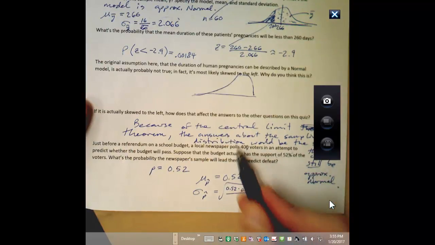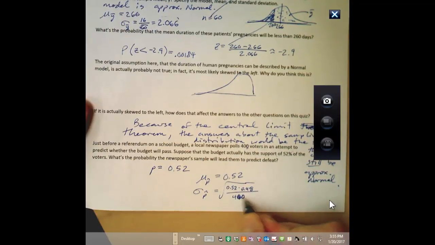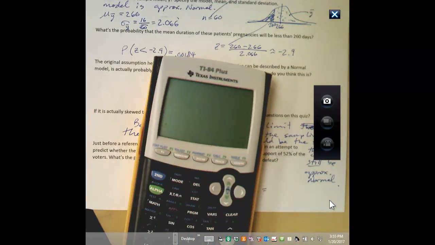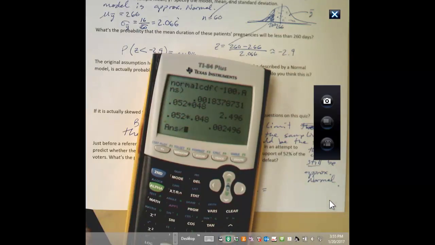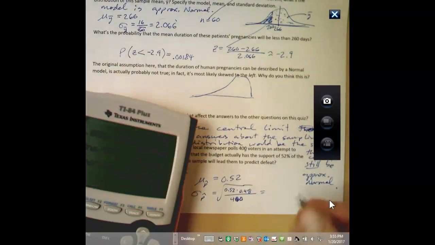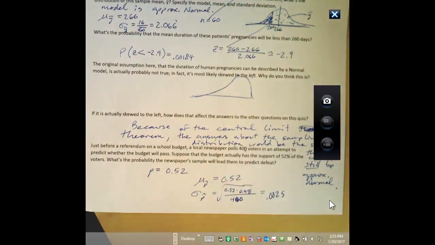And n in this case is the 400 voters. And the square root of that is 20, the denominator. So what is this overall? There we go. And then divided by 400, and then square root, so 0.0025, let's say.